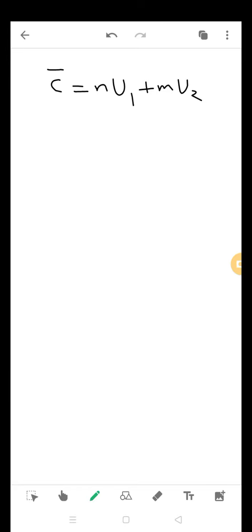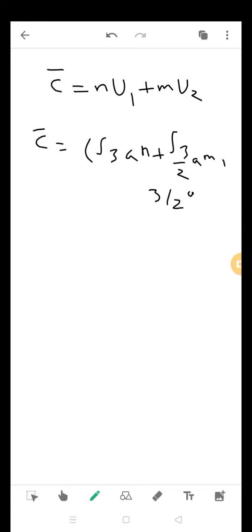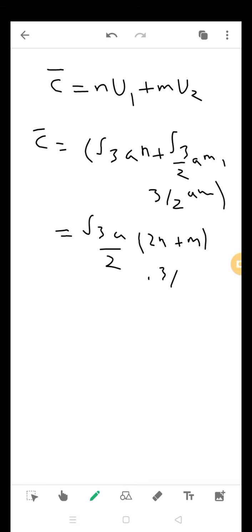So if we put the values here, C actually becomes root 3a n plus root 3 by 2 a m if we take the x-axis of both the cases, and 3 by 2 a m. On simplification, it becomes root 3a by 2 (2n plus m) comma 3 by 2 a m. These are the coordinates of the chiral vector.